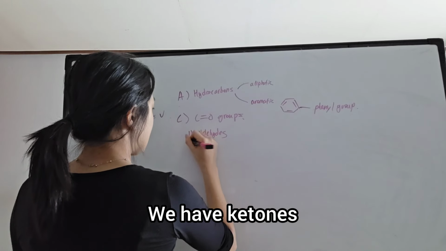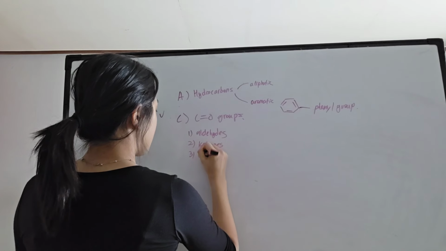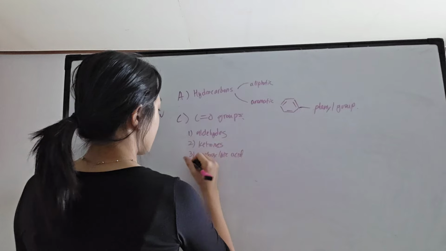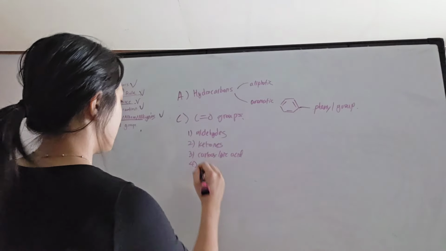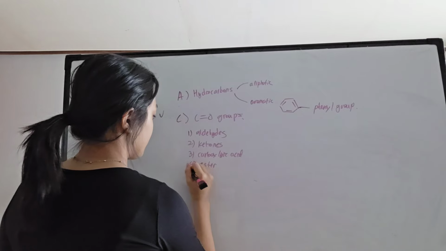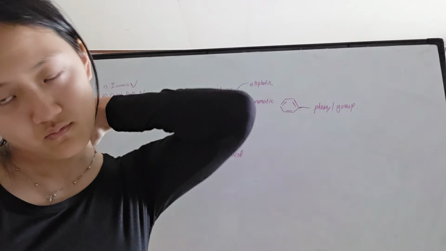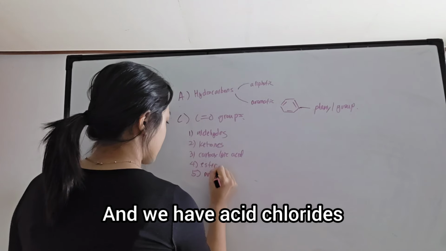We have ketones. We have carboxylic acid. We have esters. We have, what else do we have? We have amides. And we have acid chlorides.